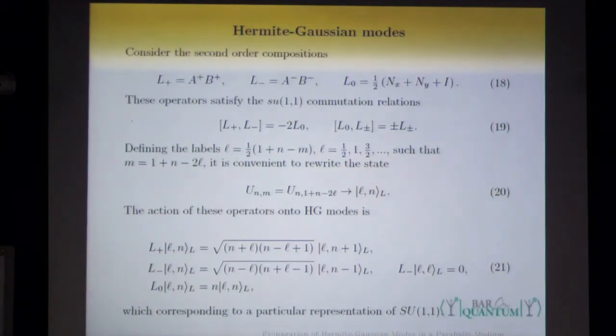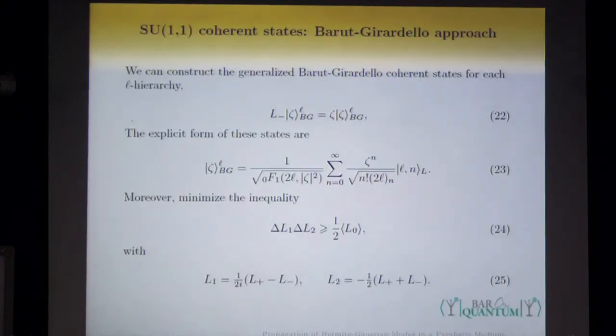To analyze the propagation of the beam, we can use several tools, but in particular, to analyze the propagation of these modes we use coherent states, so here we construct the coherent state for these modes.